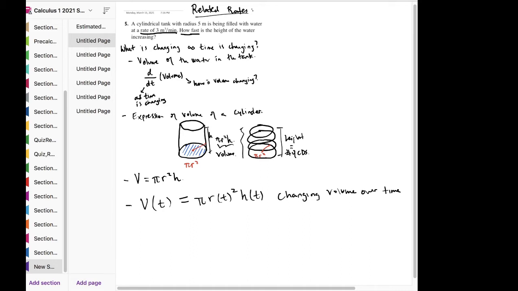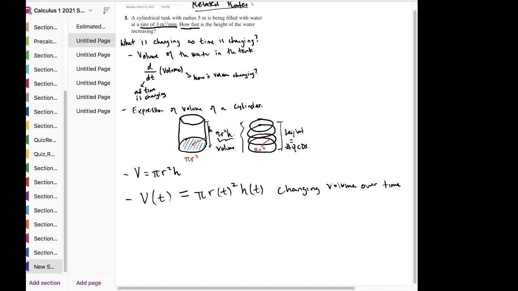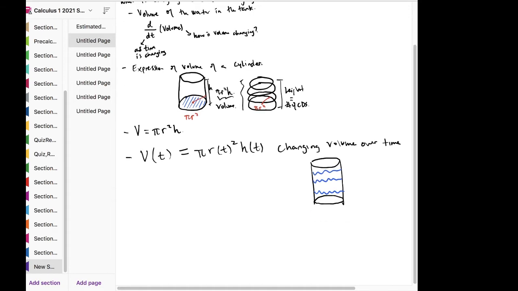So our volume is changing because we're filling it up with water. Is there an expression here that doesn't change? When you fill up a cylinder with water, what does not change? Of all these cases, what is the thing that's remaining fixed? The height is the changing thing, right?